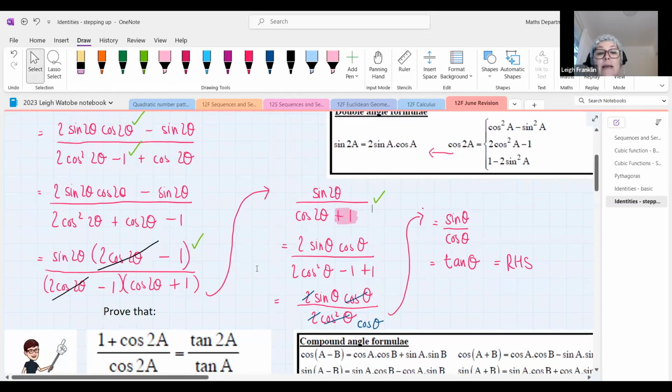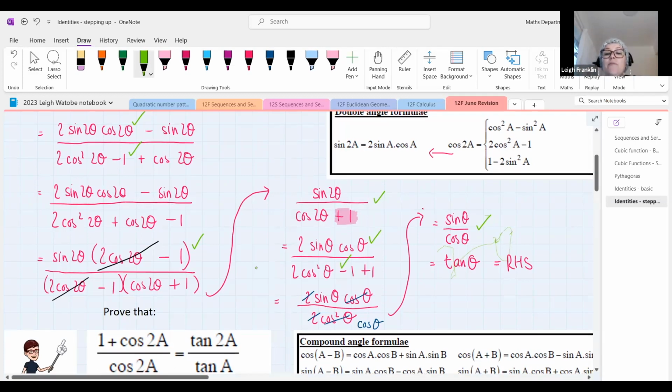Then over here, again, we have used more identities, so we could have a mark there and a mark there. And then our last mark would be for arriving at sine theta over cos theta. We're obviously not going to get a mark for tan theta because that was given to us. So how many marks is that? 1, 2, 3, 4, 5, 6, 7. Yes. Okay, there we go.